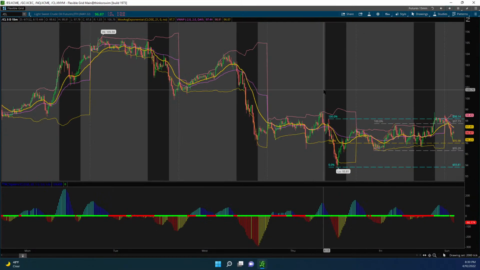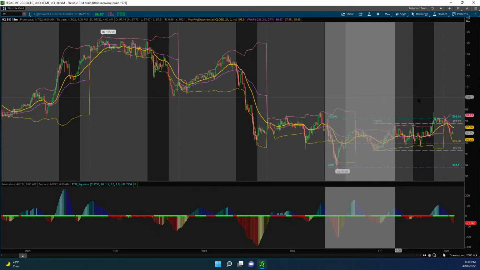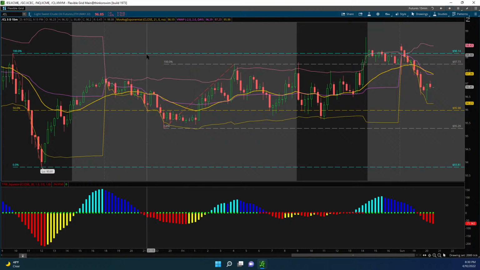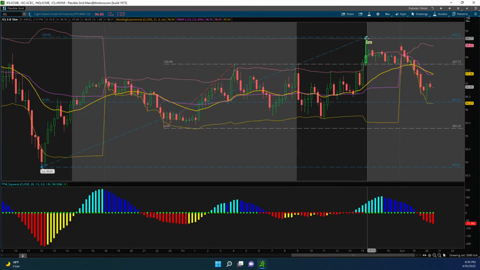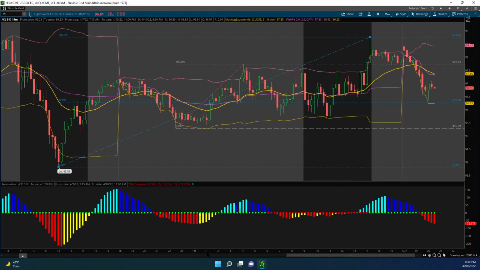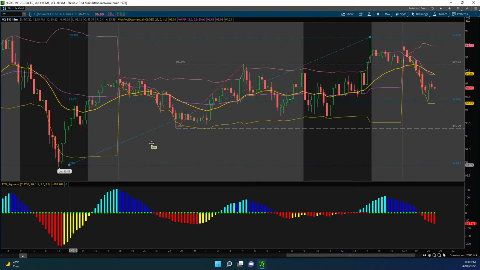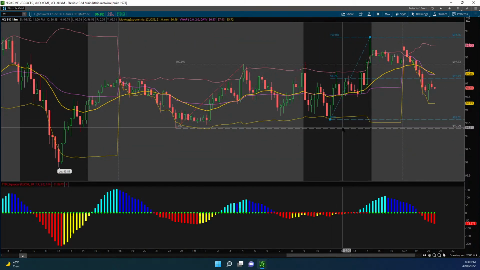And then finally, crude. Let's see, crude. What are you doing? It made a pivot high here at 98, so it's sub 100 now. Then this one is the pivot low right here at 95.62.